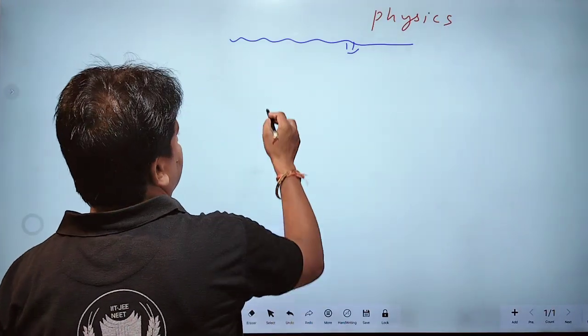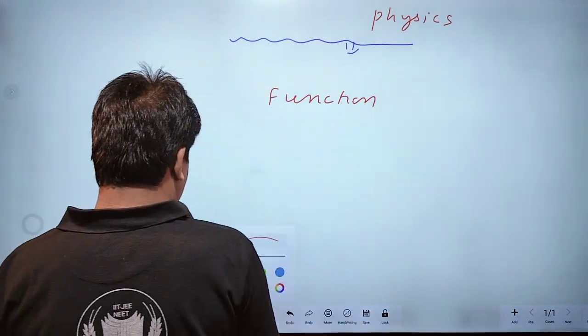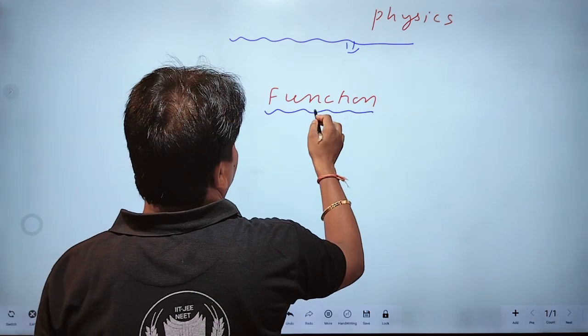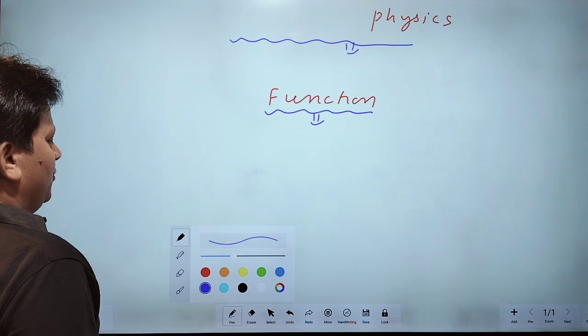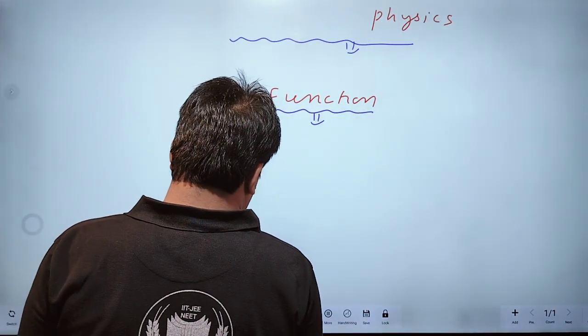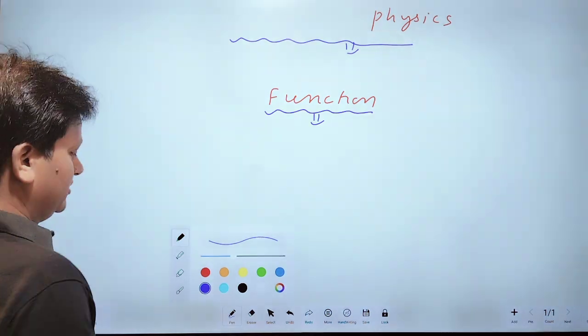What is function? Function means one quantity depends on other.